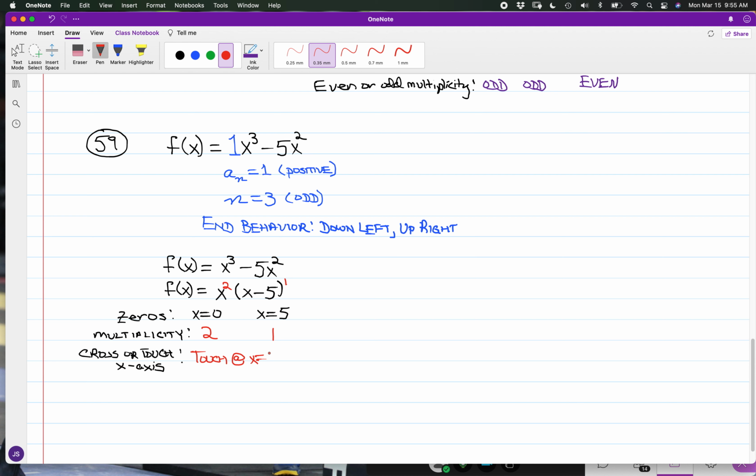So it's going to touch at x is equal to 0, and for x is equal to 5 with a multiplicity of 1, it's going to cross at x is equal to 5.